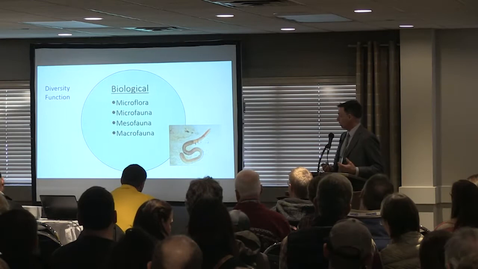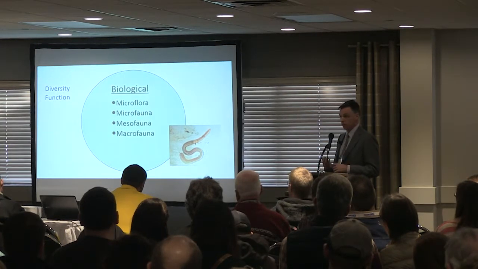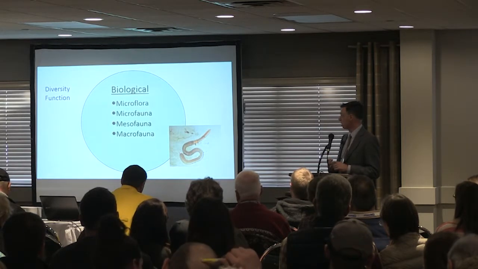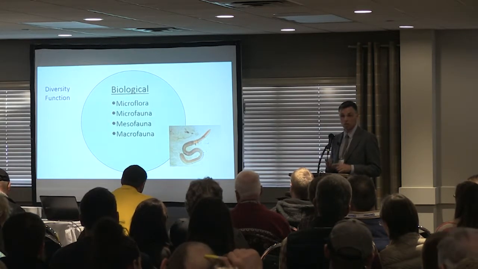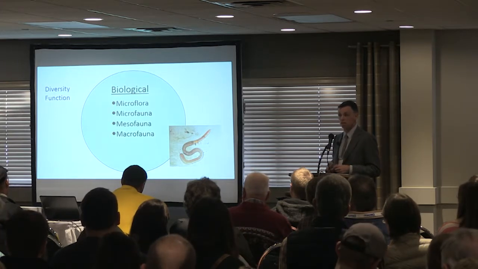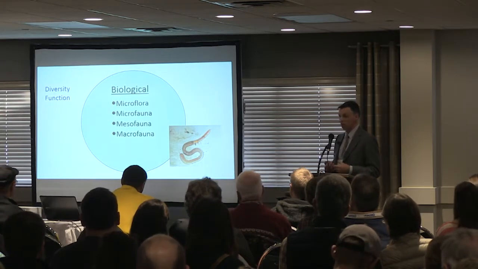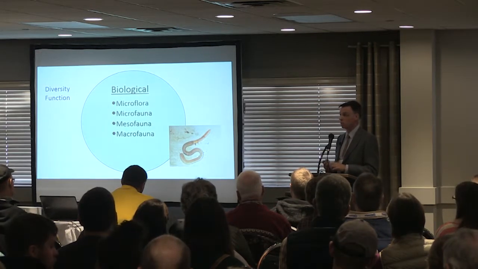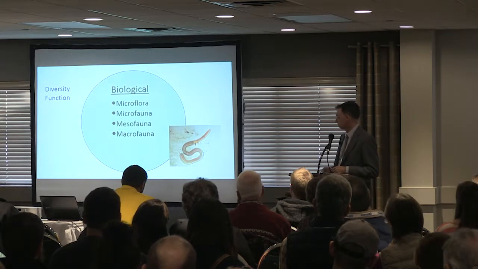When we're looking at the biology below ground, we're looking at a variety of different groups. We're looking at the microflora, things like the bacteria and the fungi, the microfauna, things like nematodes and protozoa, the mesofauna, my favorite group, the mites, the springtails, and the macrofauna, things that are easily seen by us above ground, things like earthworms and beetles and isopods.